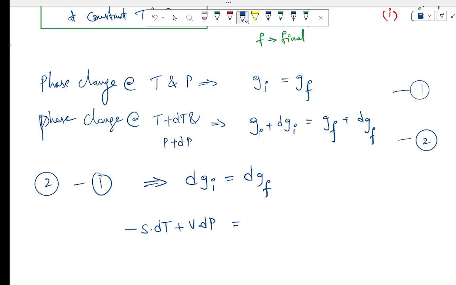So for Maxwell relation 4, we have already seen how did we get this. So the same thing I am taking here. So since this is I side, I am putting I here, si and vi, and on my right hand side I will get minus s into dT plus v into dP. So s will be sf, v will be vf now.